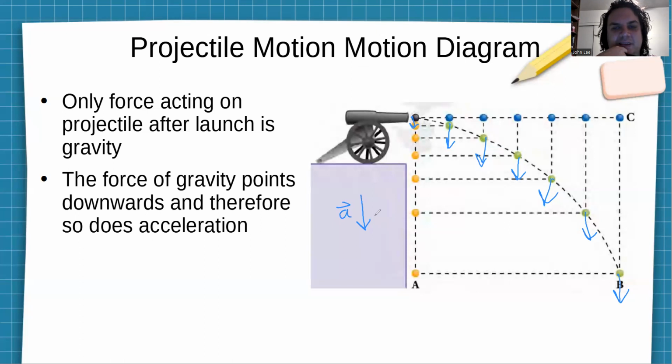But what you see is that the only force acting on it after the cannonball leaves the cannon is gravity pointing straight down. As you go along the x direction, there's no acceleration.